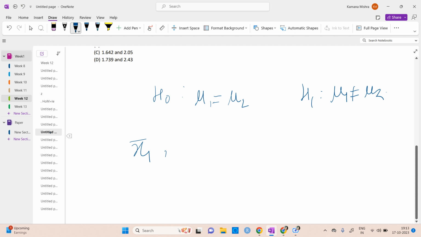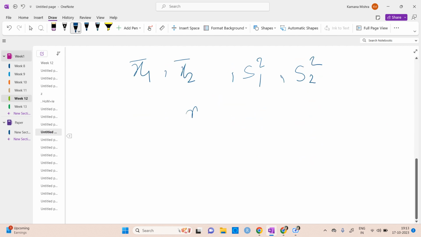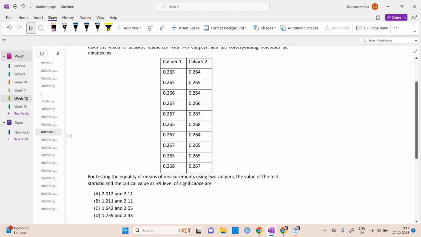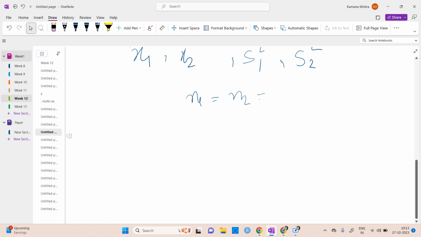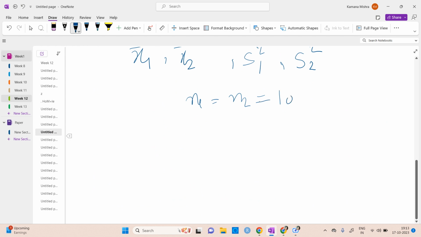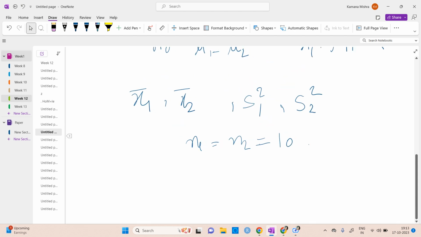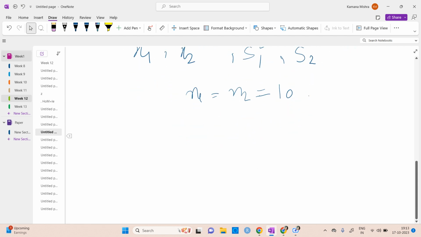So we need to find x1 bar, x2 bar, and then s1 square, s2 square, and n1 and n2 I think is the same, and it is 1 2 3 4 5 6 7 8 9 10. So it is the same, 10, and yes.